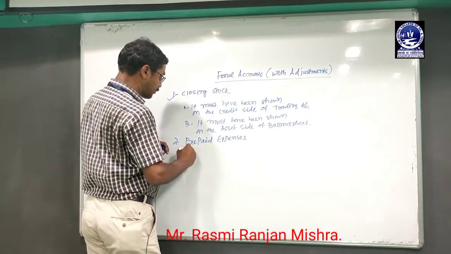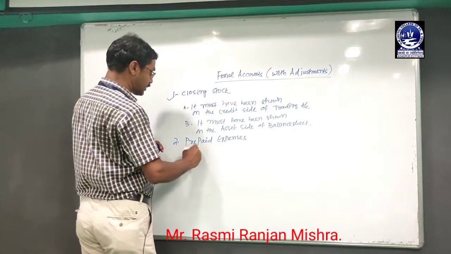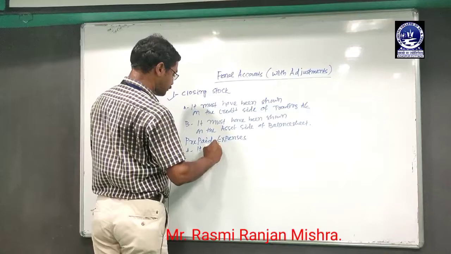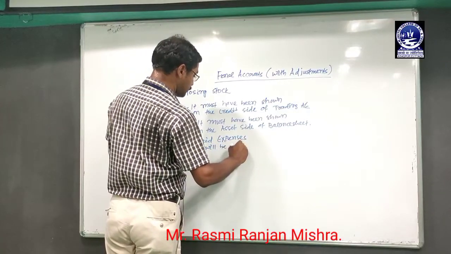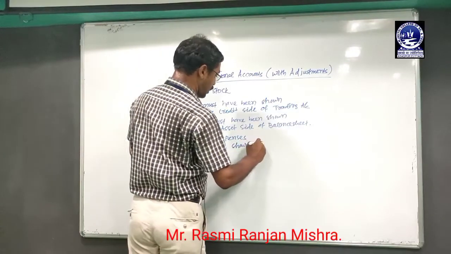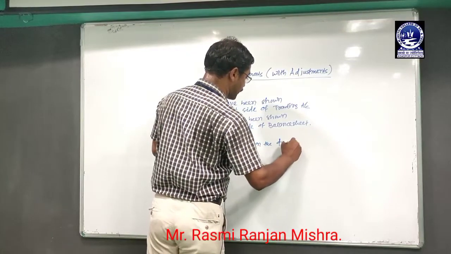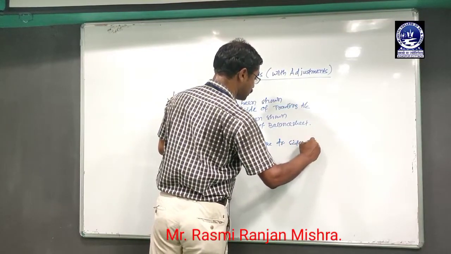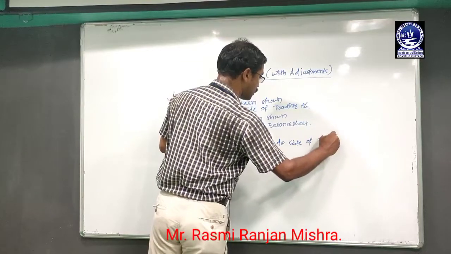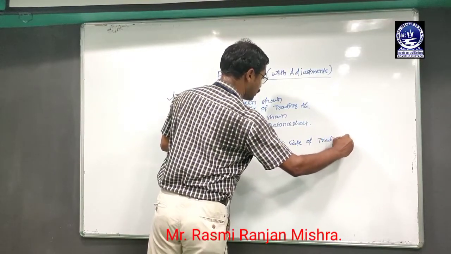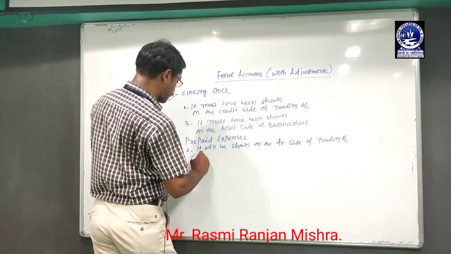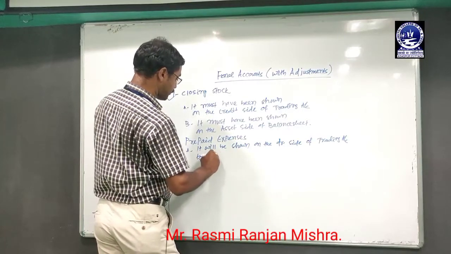So the treatment or adjustment is, first, it will be shown on the debit side of the trading account, by deducting from the particular direct expenses.